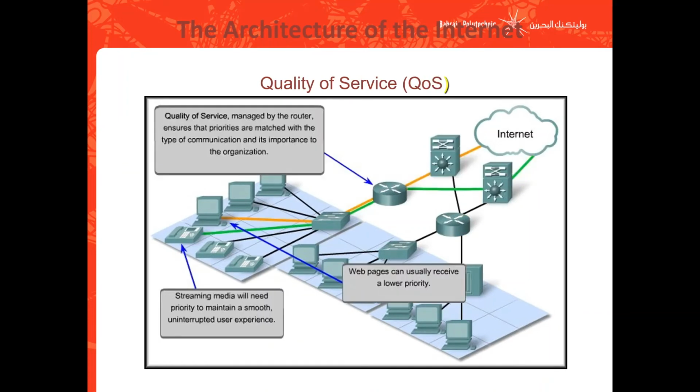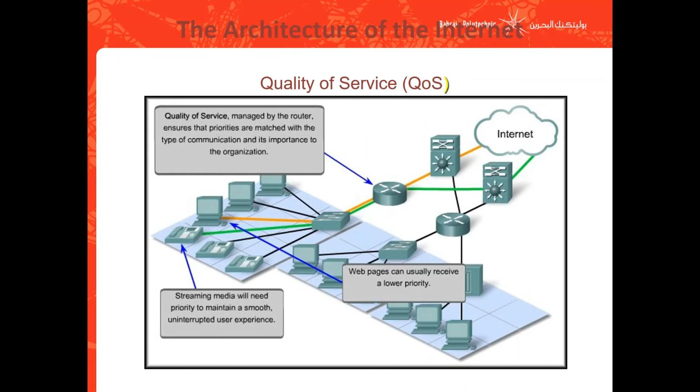Quality of service. Now, this is a bit tricky to understand, but you can imagine it from the perspective of managing traffic on your network. Just the way a traffic police directs traffic, the only difference here is that it's based on priority. So let's say the network that you're designing for a company or an organization mostly uses streaming in their work. They don't do a lot of browsing or email, but they have a lot of streaming.